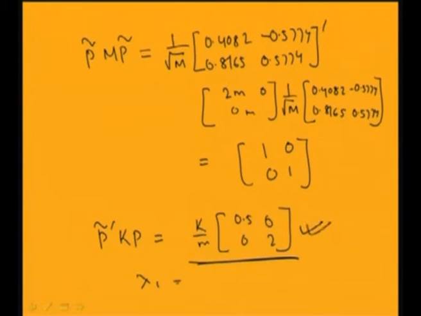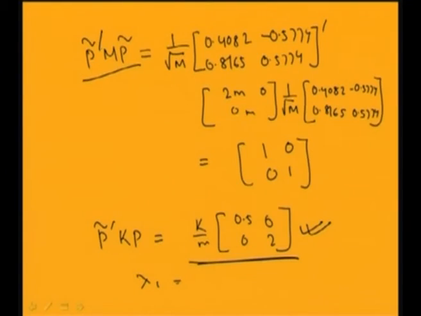So you can check that the diagonal terms are lambda 1 and lambda 2, and in case of the mass matrix, P weighted modal matrix transpose M P equal to the identity matrix, that is 1 0 0 1. And P weighted modal matrix transpose K P gives the diagonal elements, which are the eigenvalues of the system.